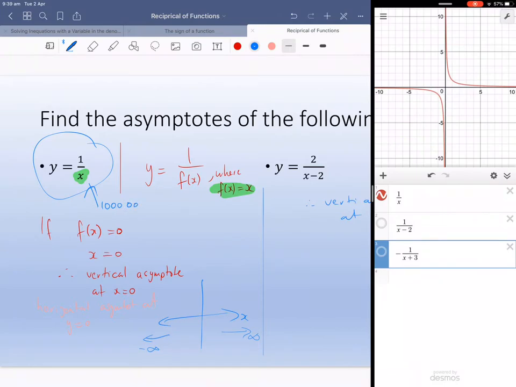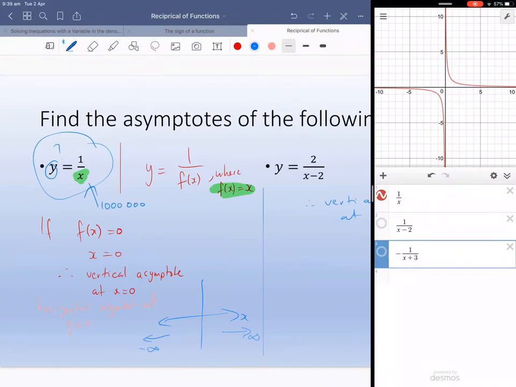If I substitute that in, what does y equal? 1 over a million pretty much equals 0. It's going to be a really small number. And so we can say that the horizontal asymptote will be at y equals 0.